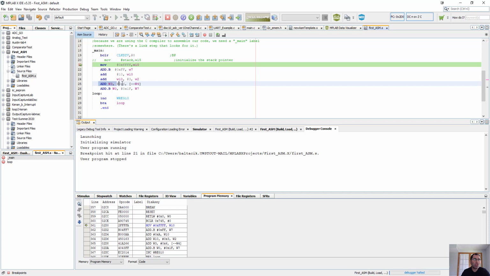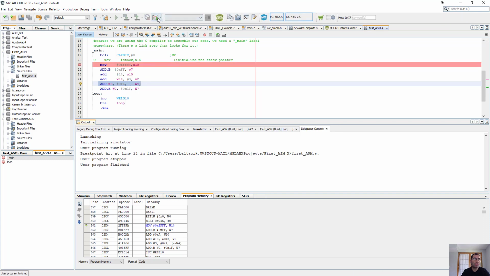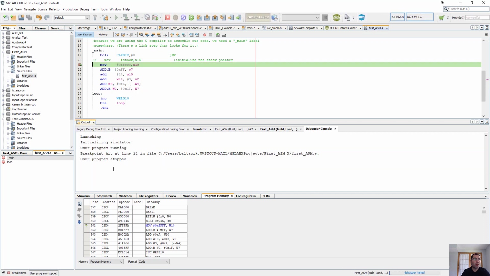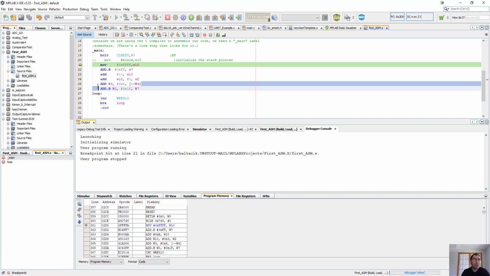So this is the instruction that I was examining, right? What I'm going to do is run this. When I run this, the compiler will convert my assembly code into opcode, or machine code. Let's see if it is successful. Yeah, it was successful. So this is the instruction I'm looking for, the add, this line in the example.